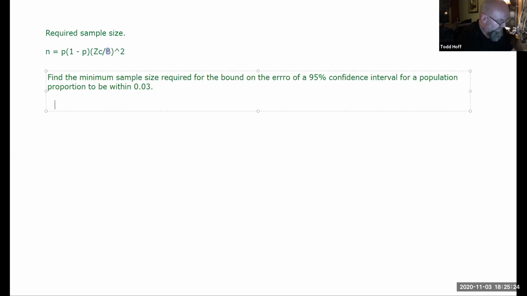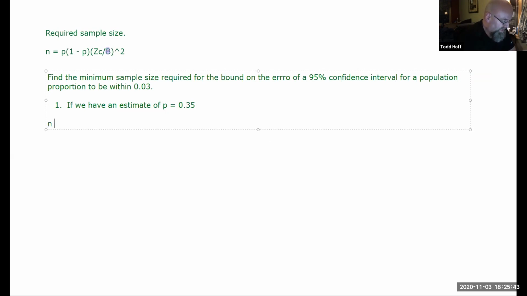Now I need a little bit more information. If we have an estimate of p equals 0.35. We'll see in a minute why that estimate is important.